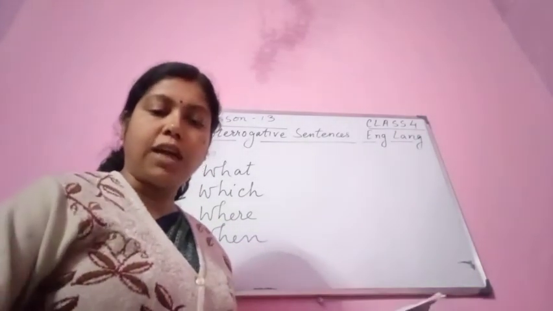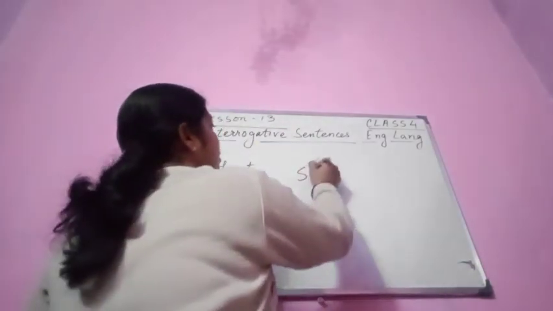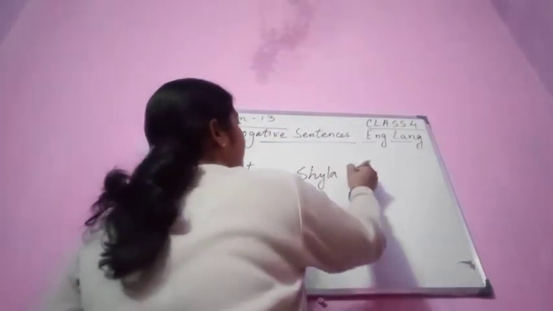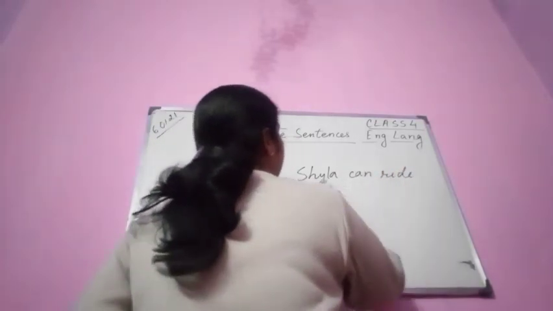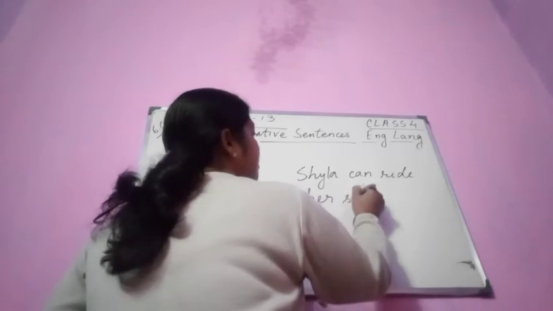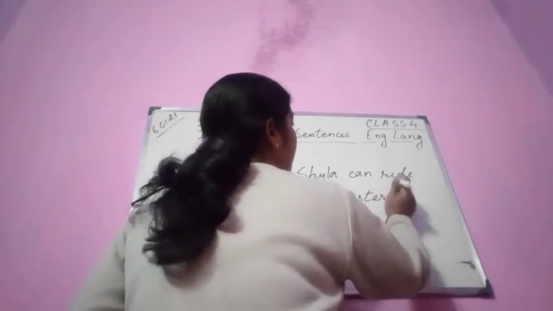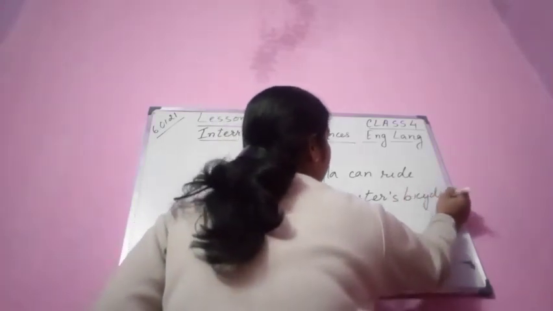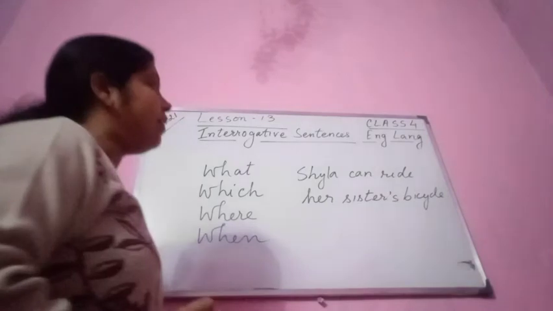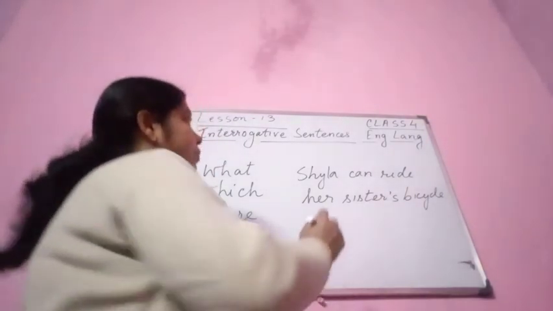Now see this example: Shaila can ride her sister's bicycle. Which one is the helping verb here?